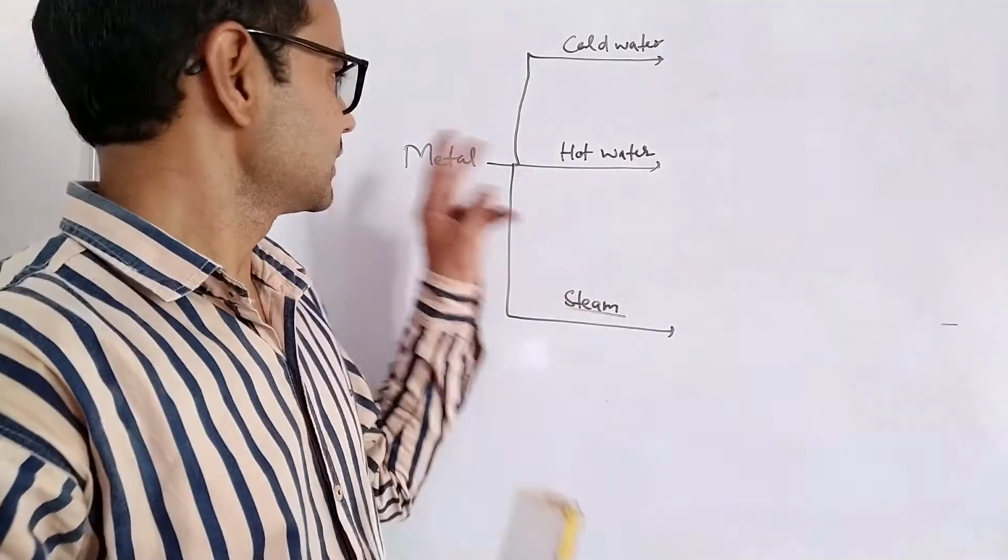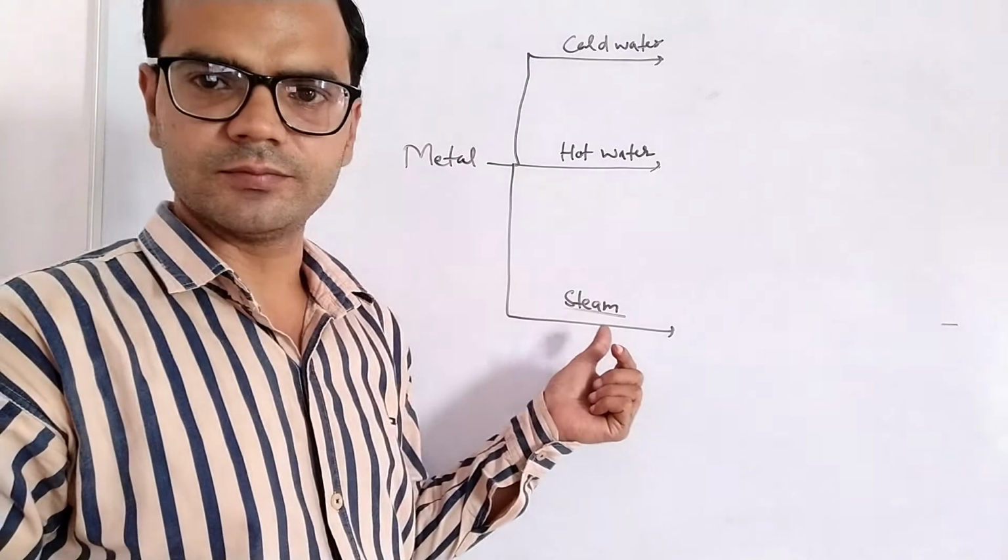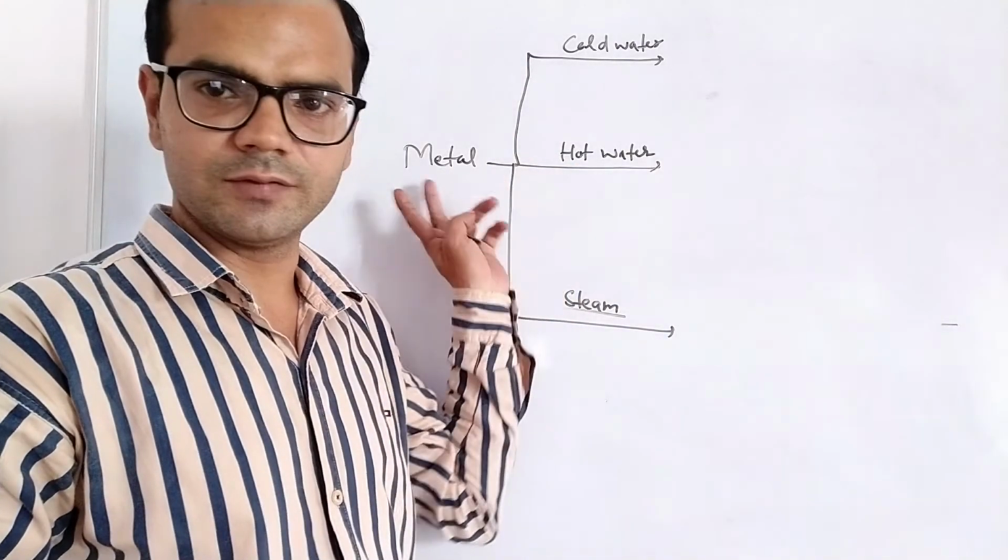Now we have three conditions: reaction of metal with cold water, reaction of metal with hot water, and reaction of metal with steam. It is again all dependent on the reactivity of the metal.